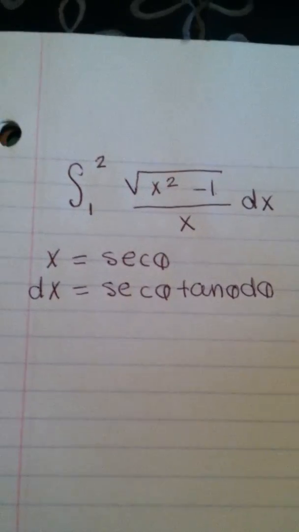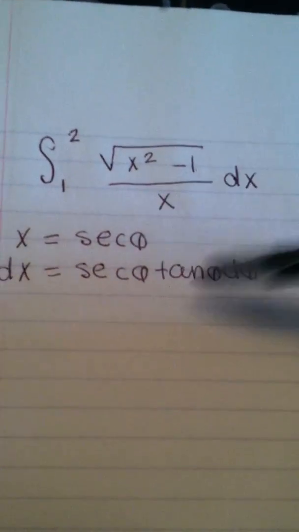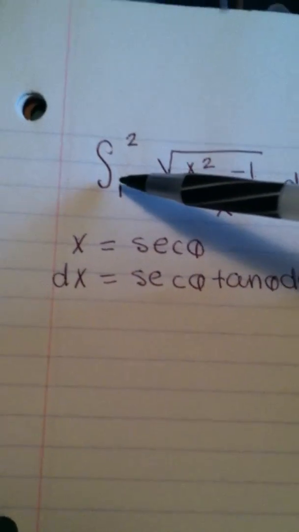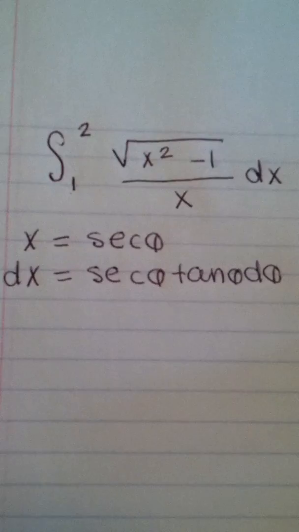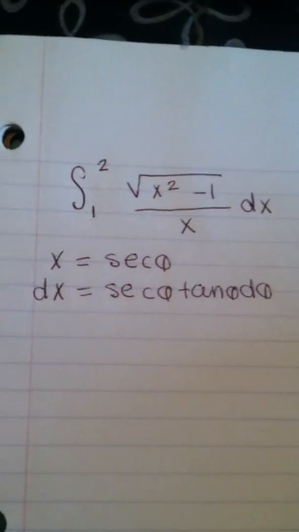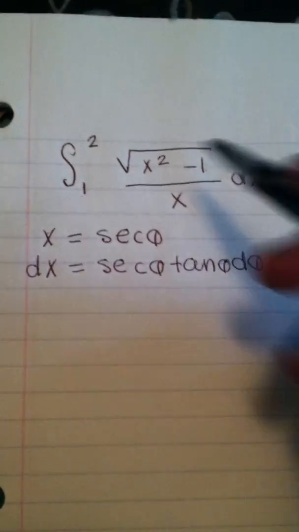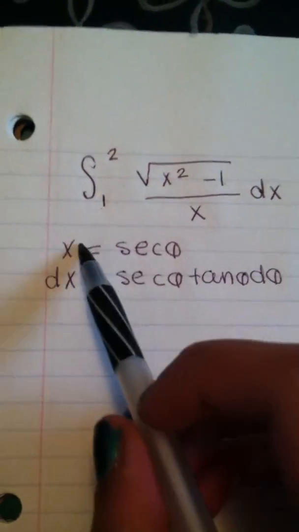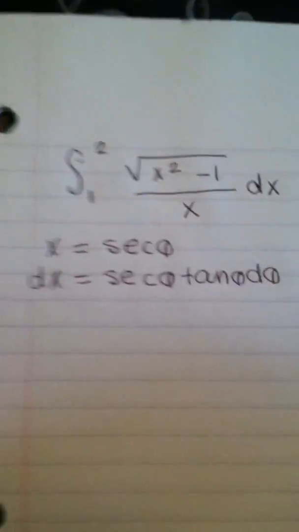Now we can already tell that it's going to be a little hard to evaluate any trig function at an upper and lower bound of 1 and 2 without a calculator. So in order to make these bounds a little easier to work with, we're going to plug in 1 and 2 for x and get our new bounds.